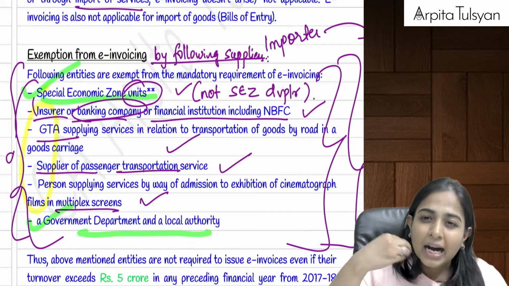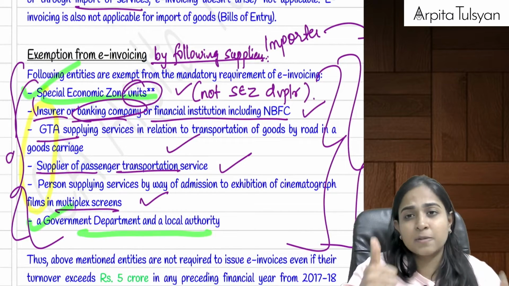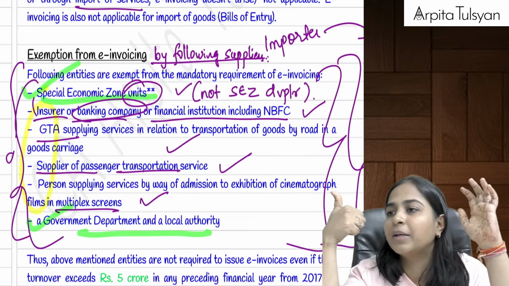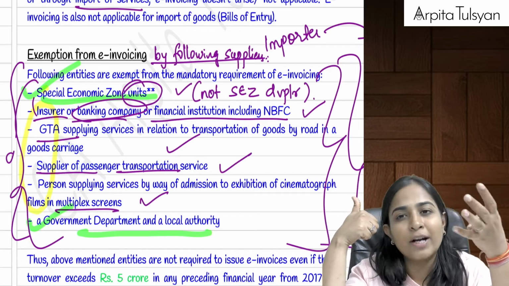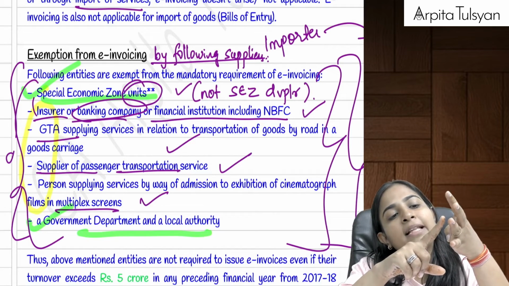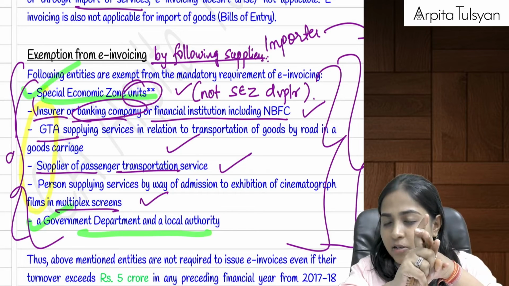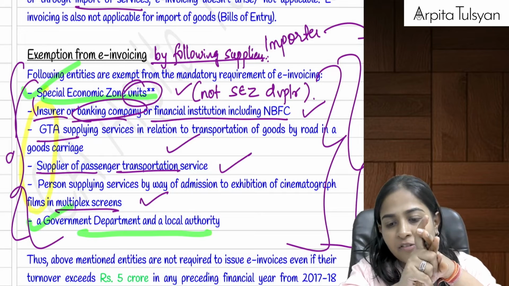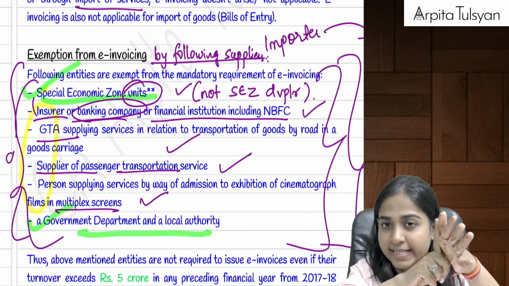And then some other persons, 6 persons, are also exempted from the requirement of e-invoicing. 4 persons remain the same, who were not required to issue tax invoice: banking, insurance, NBFC. Then after that GTA, then passenger transport service, multiplex screens, cinematograph films, exhibition. These 4 persons, SEZ unit and not SEZ developer.